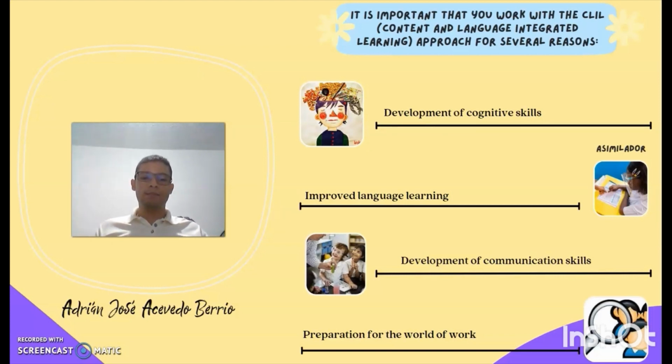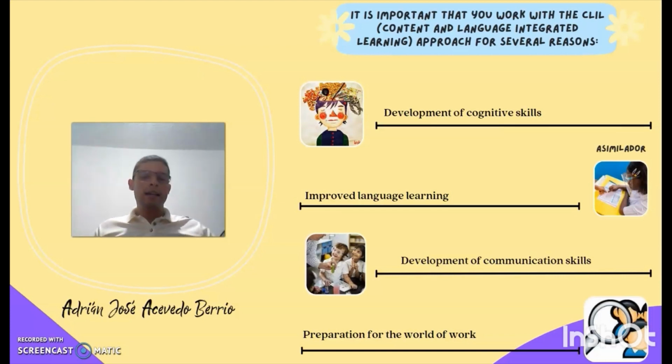Now we can see improved language learning and development of communication skills. And why are those approaches and reasons to use CLIL in the class?